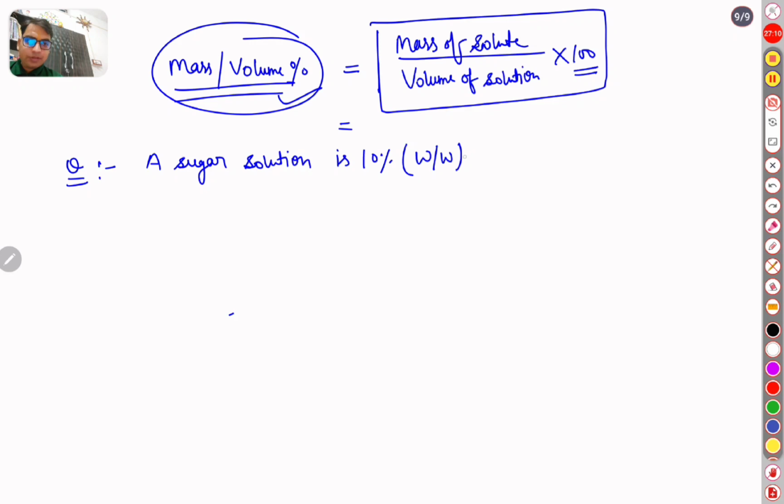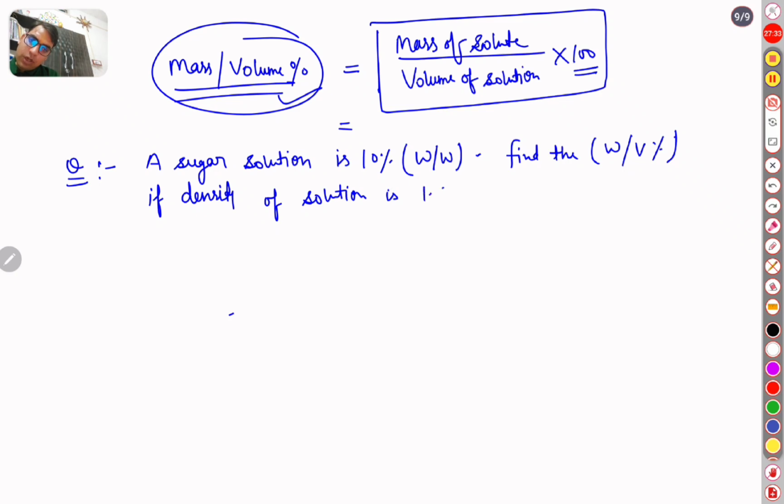Then find the W by V percentage, meaning weight by volume percentage, if the density of the solution is 1.2 gram per ml. How can we solve this question?